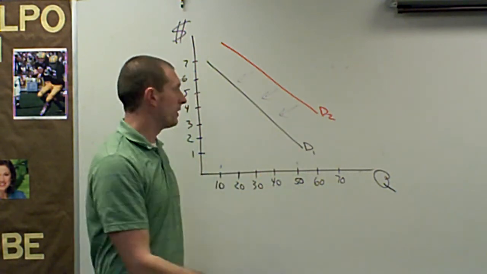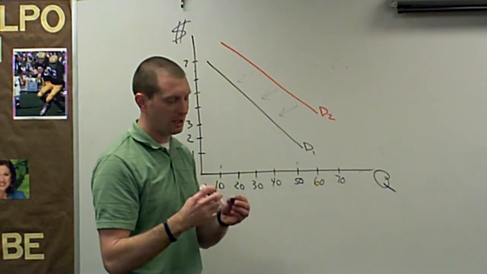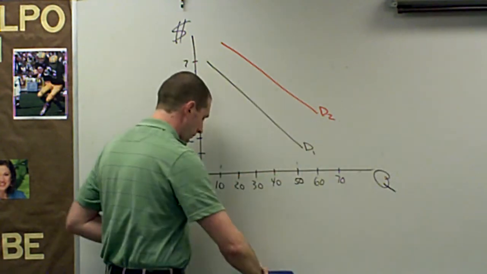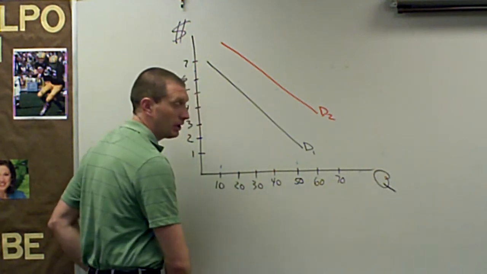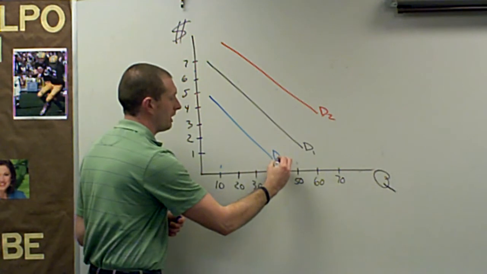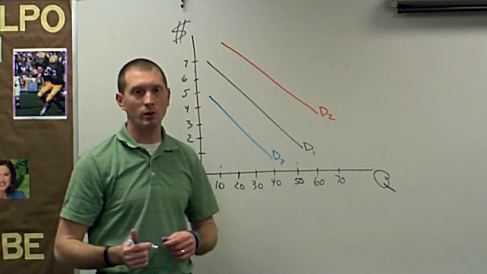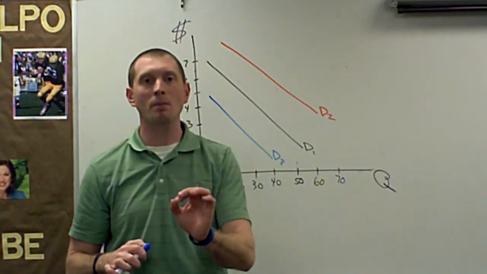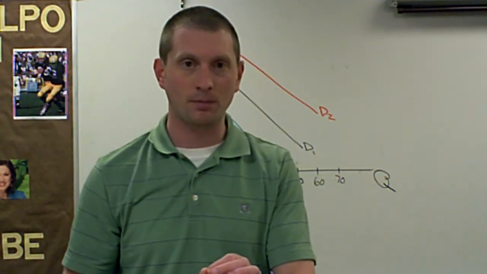Or if it's easier for you to understand, we can just have a completely new demand curve. If this is our original, then we're talking possibly even D3 here being a decrease. Okay? And so a change in population will change demand.